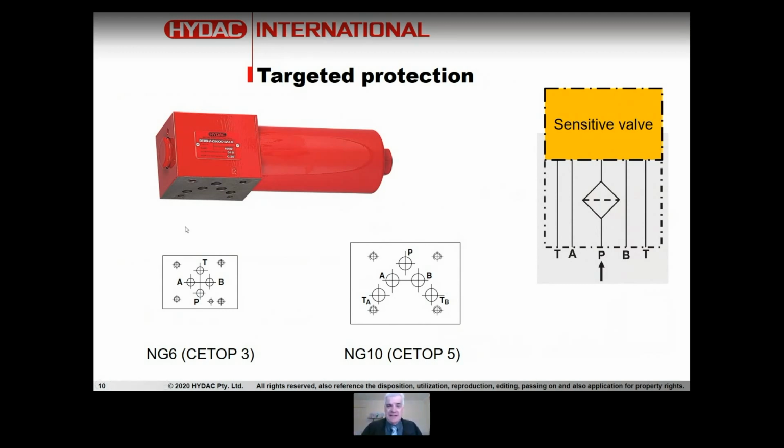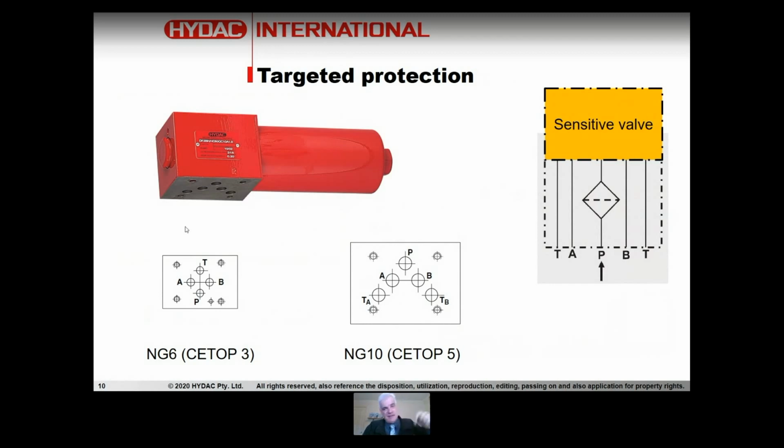That's the term that sometimes gets used. It's because after your main, principal filtration has occurred, anything that's gotten through that, this is going to be protecting that very sensitive and sometimes very expensive component. So that's just another way that pressure filtration is applied.